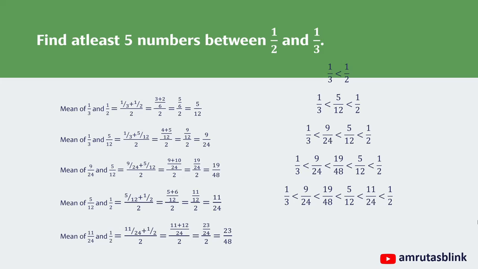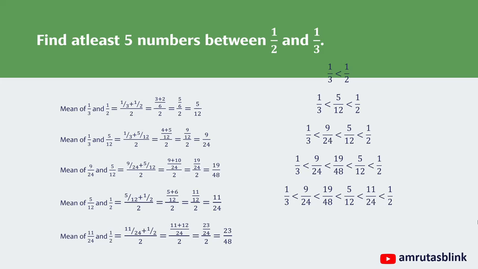And we need to find one more number, hence we'll find the mean of 11 by 24 and 1 by 2. So mean of 11 by 24 and 1 by 2 is equal to 11 by 24 plus 1 by 2 whole divided by 2, that is 11 plus 12 upon 24 whole divided by 2. Now why 12? 2 into 12 is equal to 24, hence 1 into 12 in the numerator.